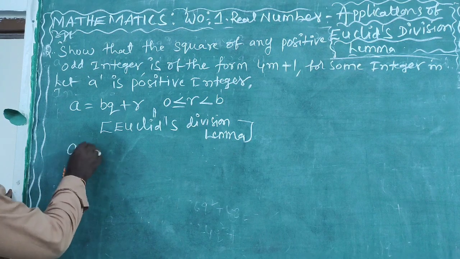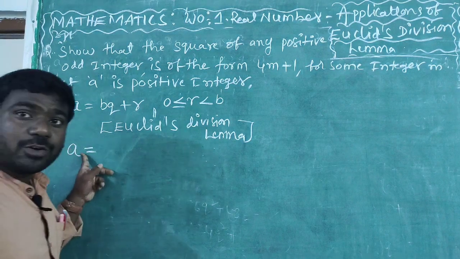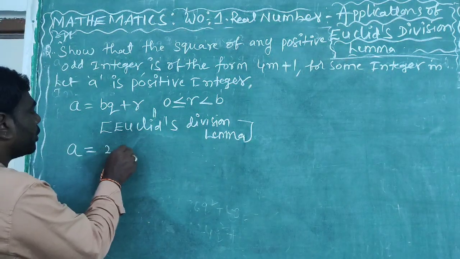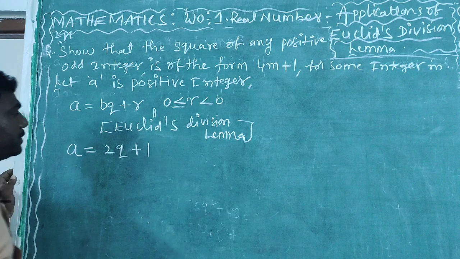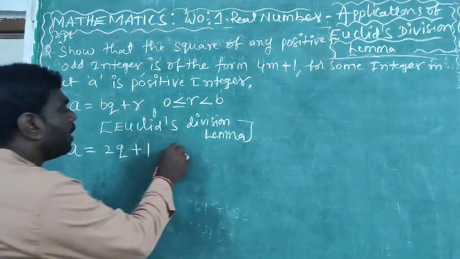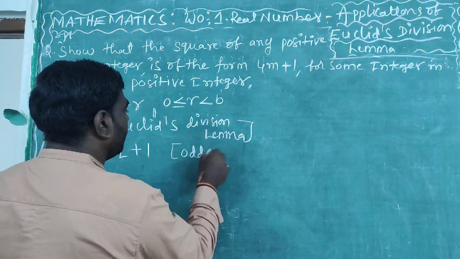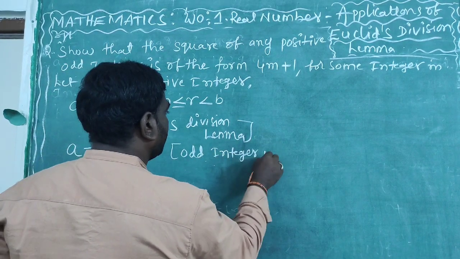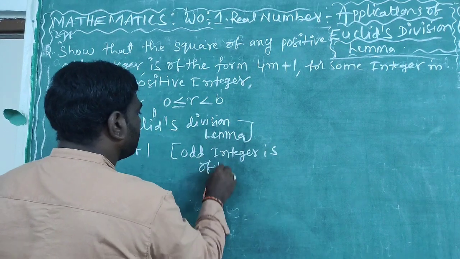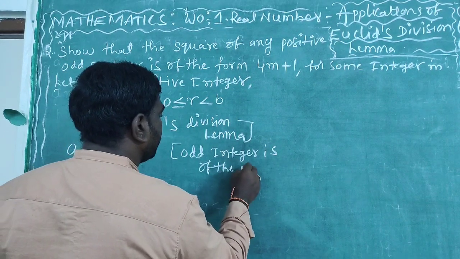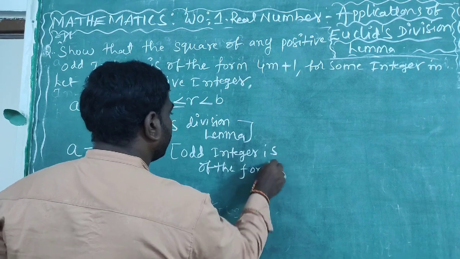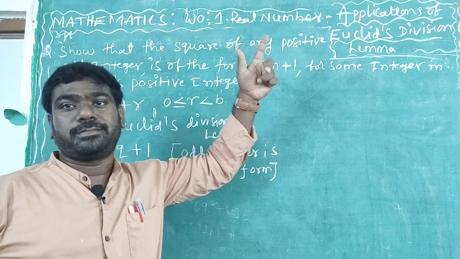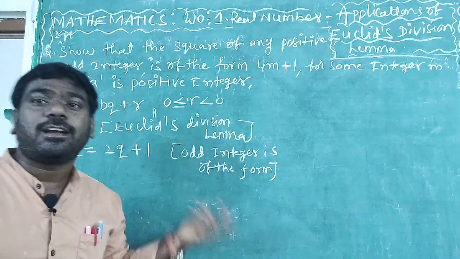Now a is equal to 2q plus 1. What is the form here? It is the form of an odd integer. Why am I taking this here? The reason is they asked for any positive odd integer. How is the odd form?